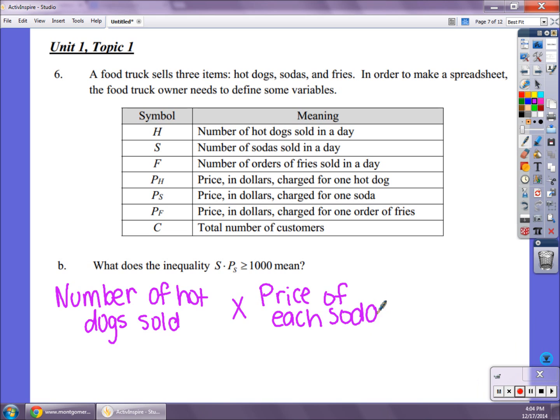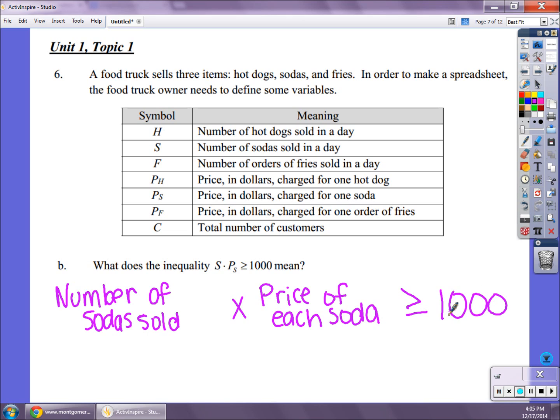Excuse me, I think I made a mistake back there. Let me change that to soda, the number of sodas sold. And we know that that's going to be greater than or equal to 1,000.